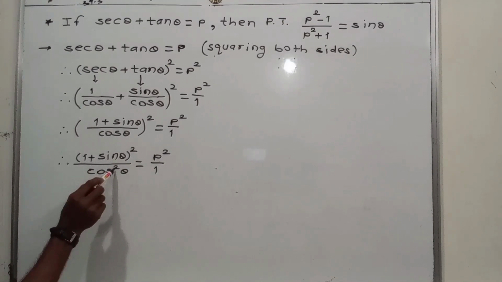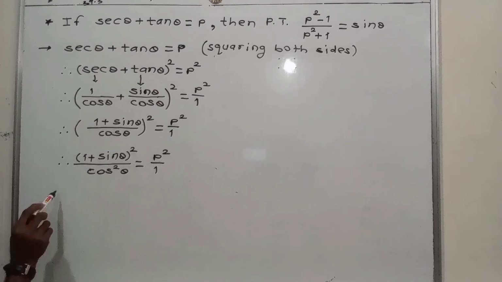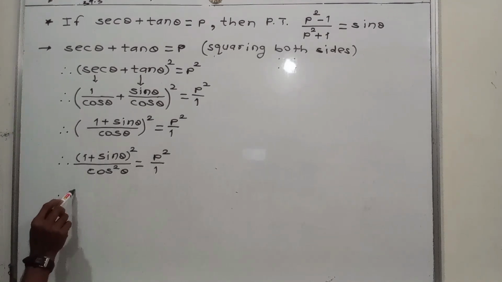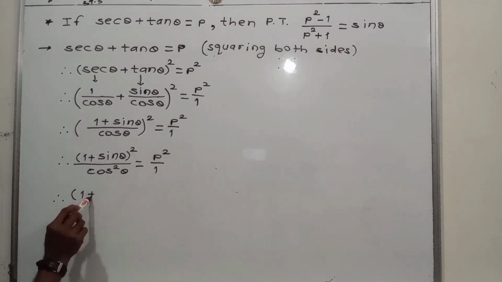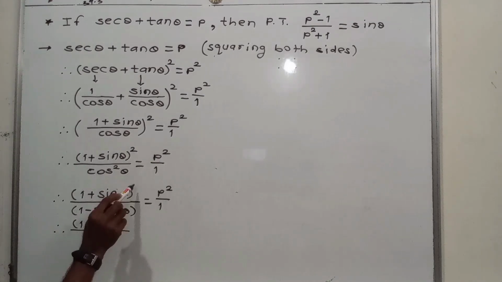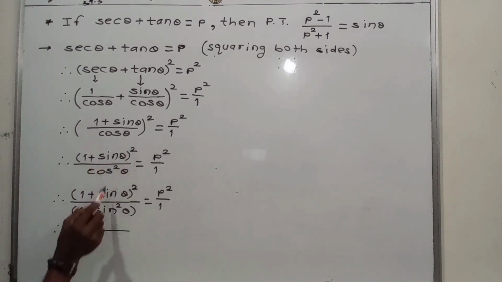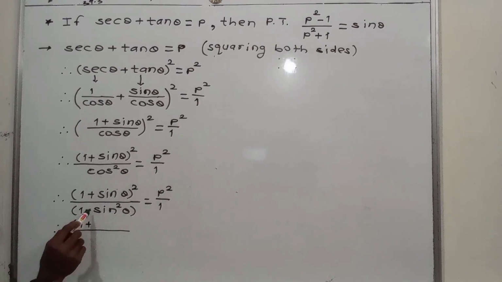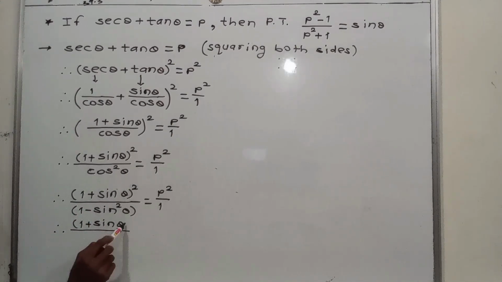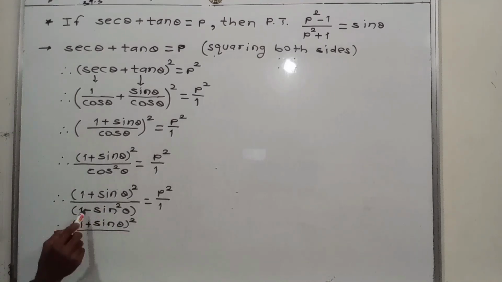Now we use formula for cos square theta. 1 plus sin theta bracket square, and here see this 1 plus sin theta bracket square upon 1 square 1 minus sin square theta means a square minus b square.